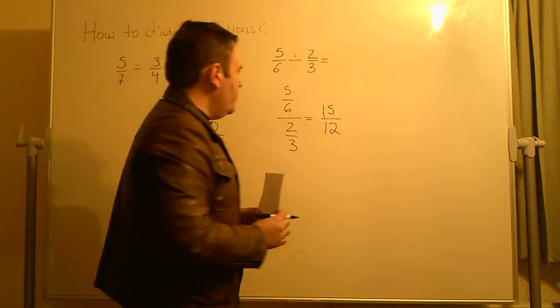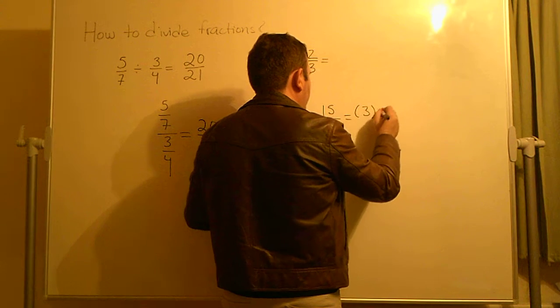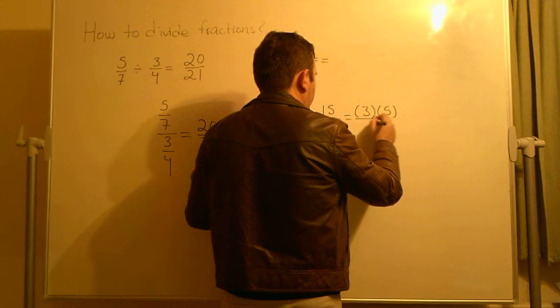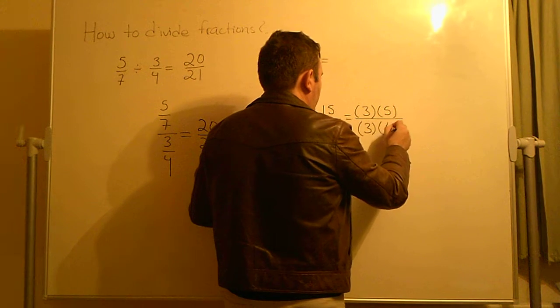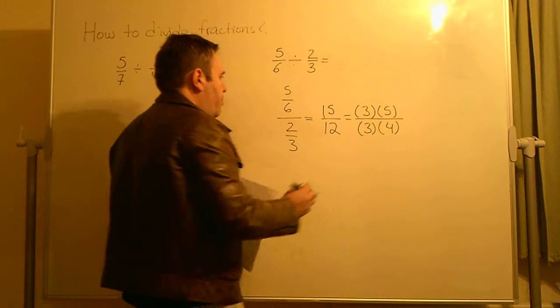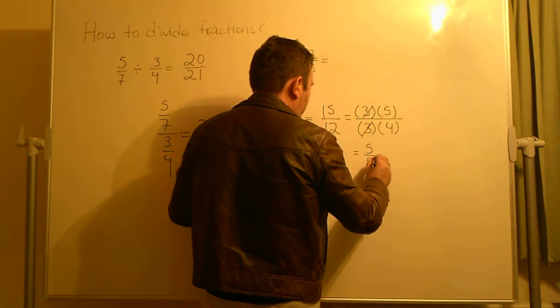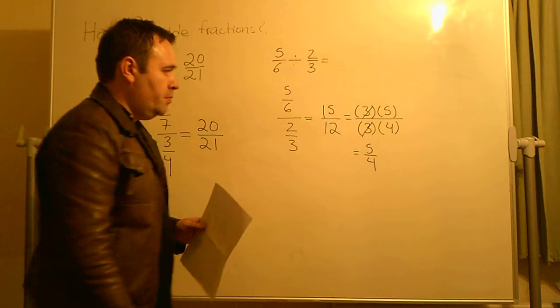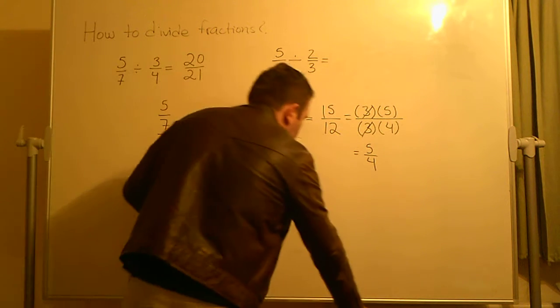Okay? Now 15 is equal to 3 times 5, and 12 is equal to 3 times 4. So 3 divided by 3 is 1, and then we would have 5/4. Okay?